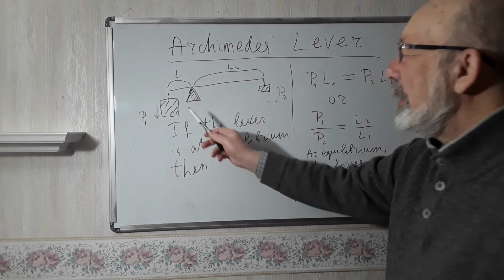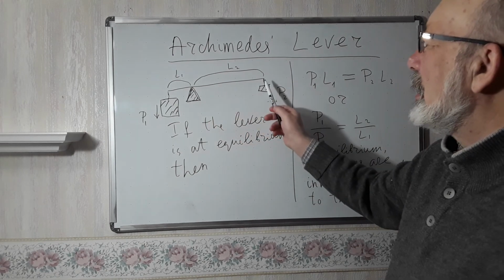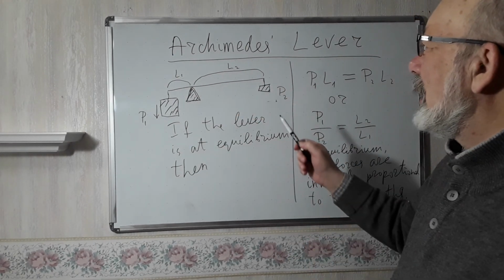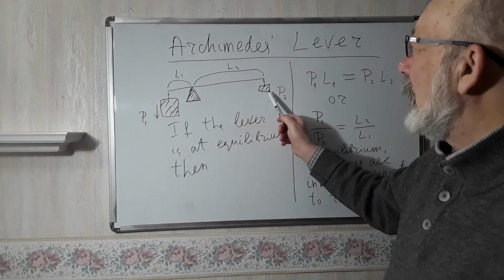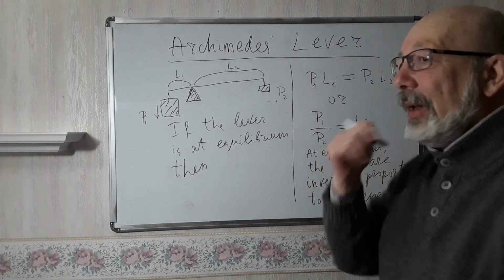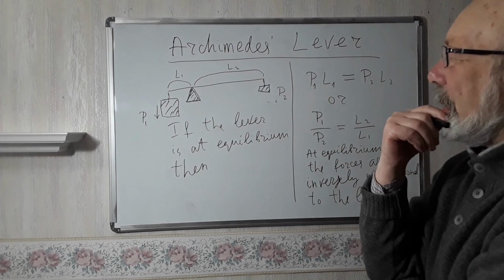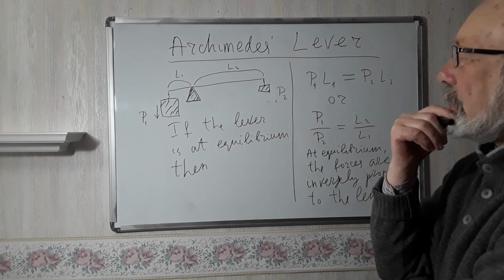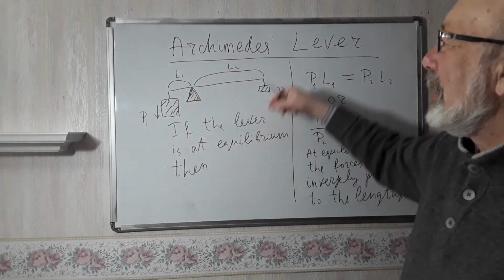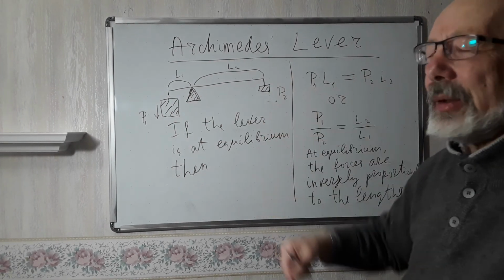So if L2 is 10 times L1, then you can take P1 as 1/10 of P2 by this equation. And so we can, say, lift 10 kilograms applying the force of just 1 kilogram.